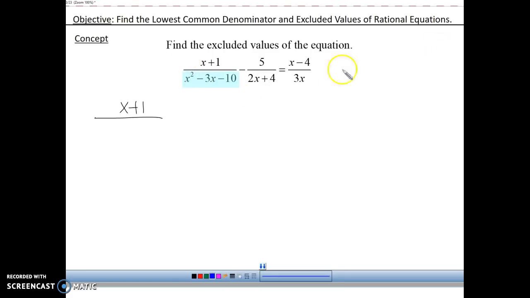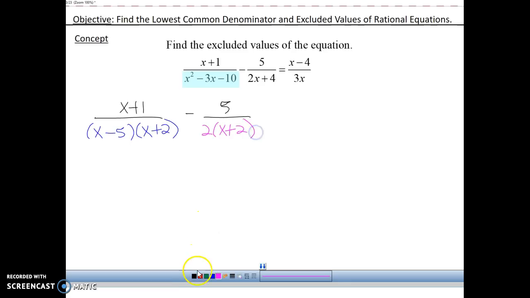That ended up being x minus 5, x plus 2, I believe. And then I have my minus 5 over 2x plus 4. We were able to take out a 2, and then we had x plus 2 equals x minus 4 over 3x. We really couldn't take anything out of that example.